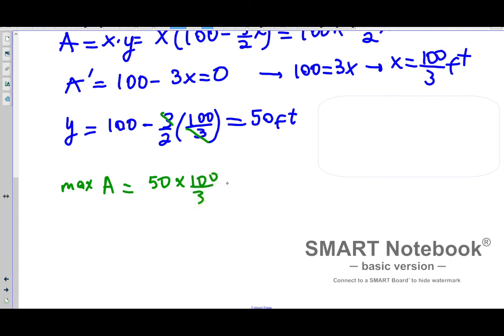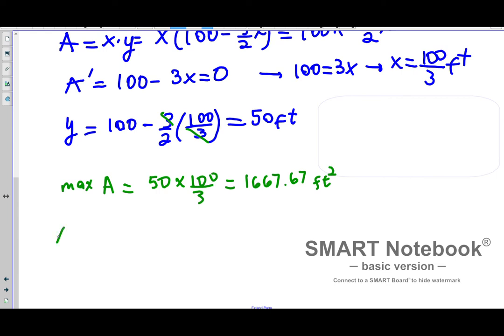So that's 5,000 over 3, or 1,666.67. And the units, if everything was in feet, will be square feet. So this is the largest area we can enclose with the 200 feet of fencing available.